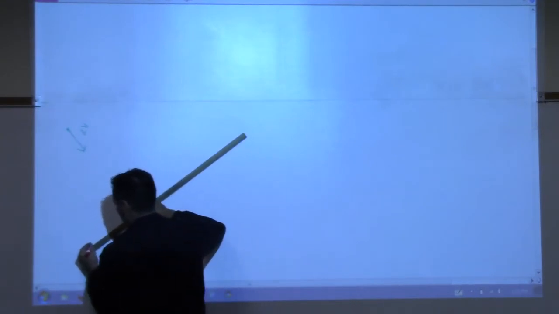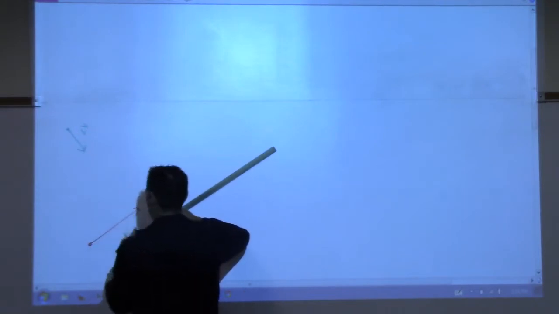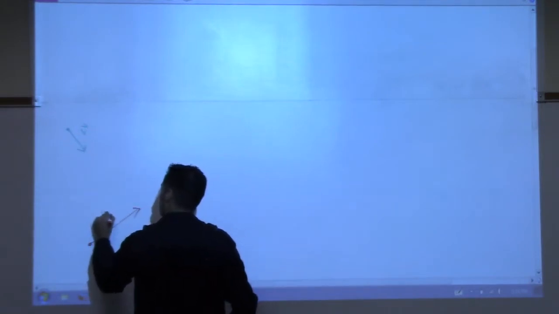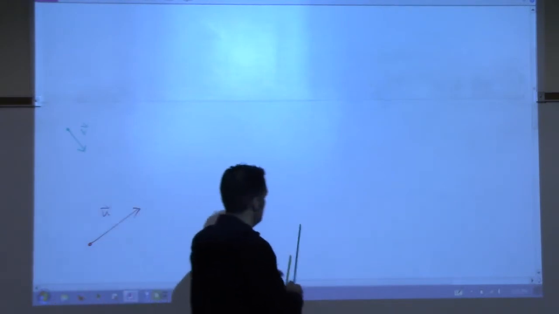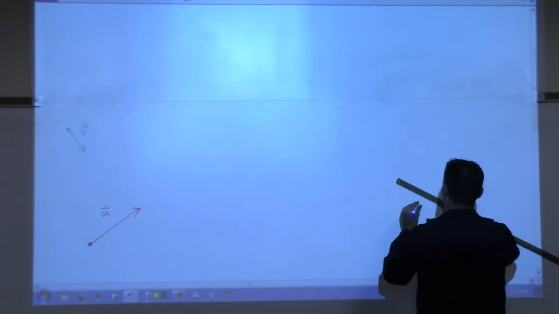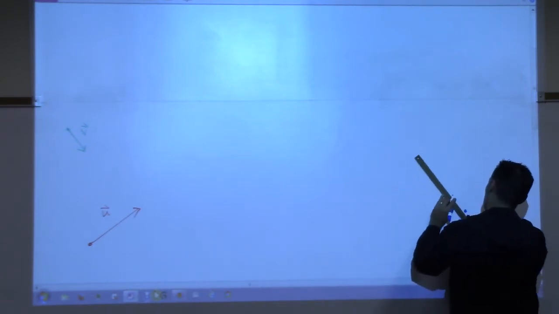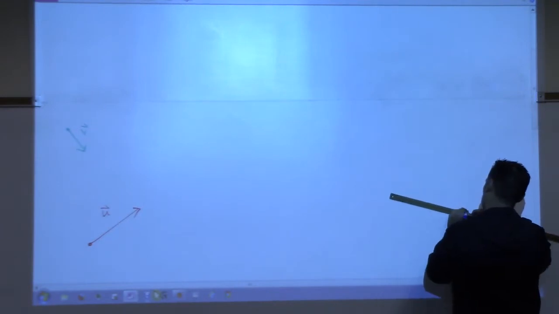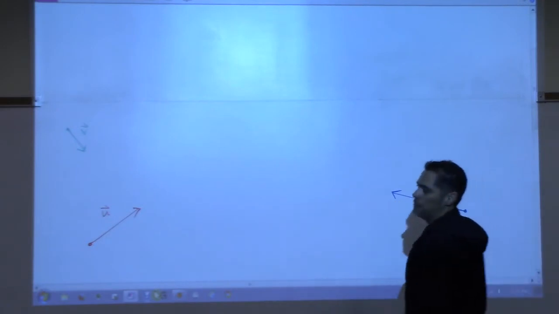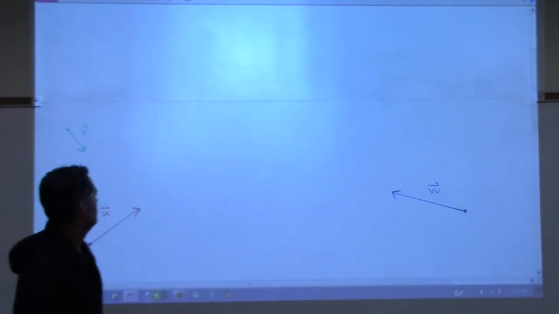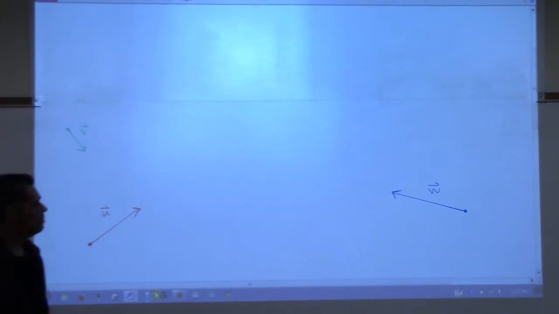This is the vector u. And just for fun, the vector w. There they are. Let's find u plus v plus w.